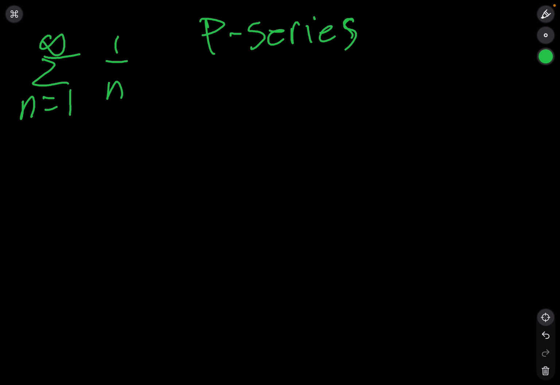It states that this test, 1 over n to the p, can only be used when the function is descending. I forgot all the rules.